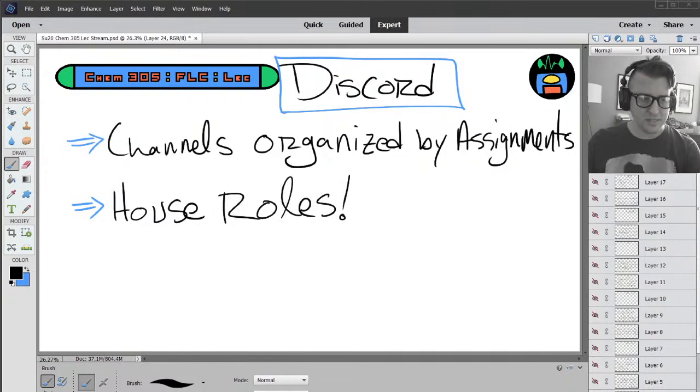And I built exclusive channels. So there's the Great Hall, which is a voice channel, but then there's a commons for every house, which you can only enter if you are a member of that house. And then there's a bulletin board, a text channel for every house as well. So just a fun little throw in.